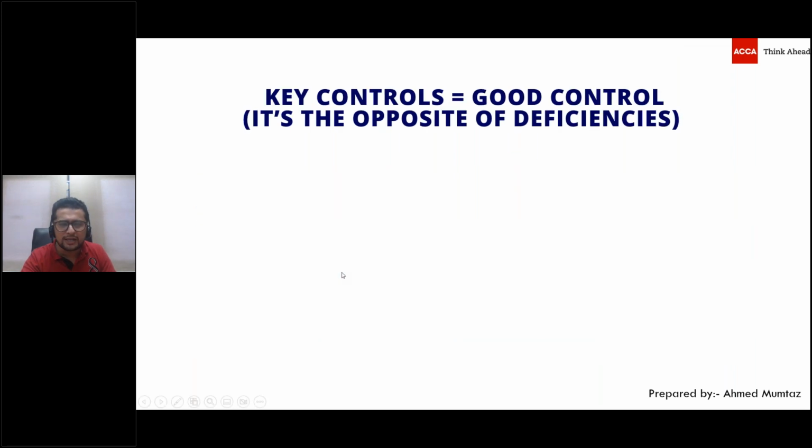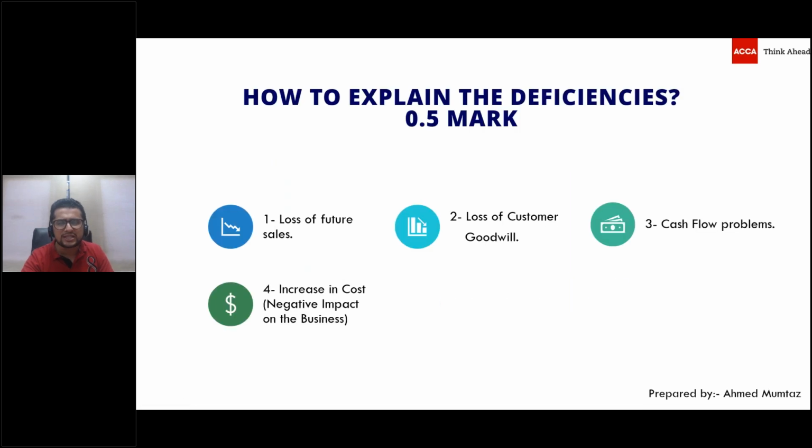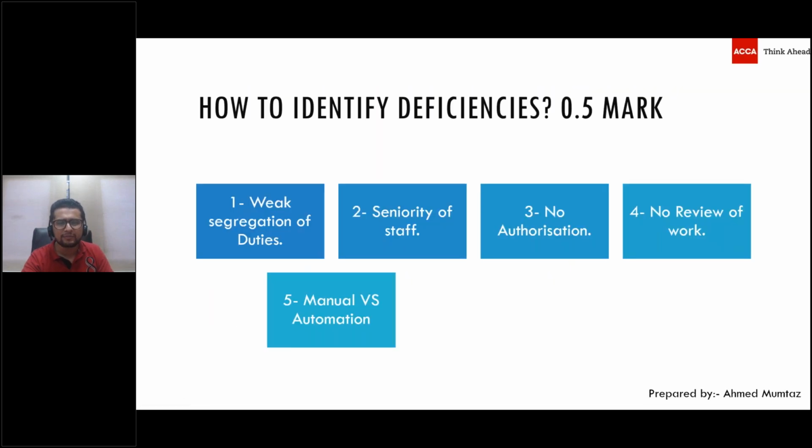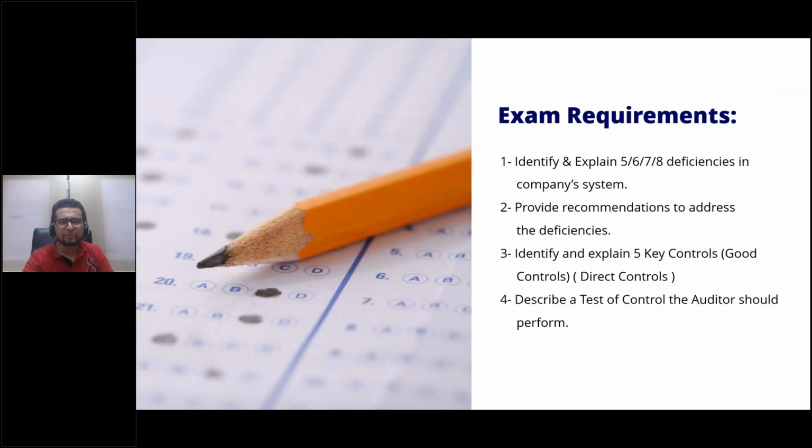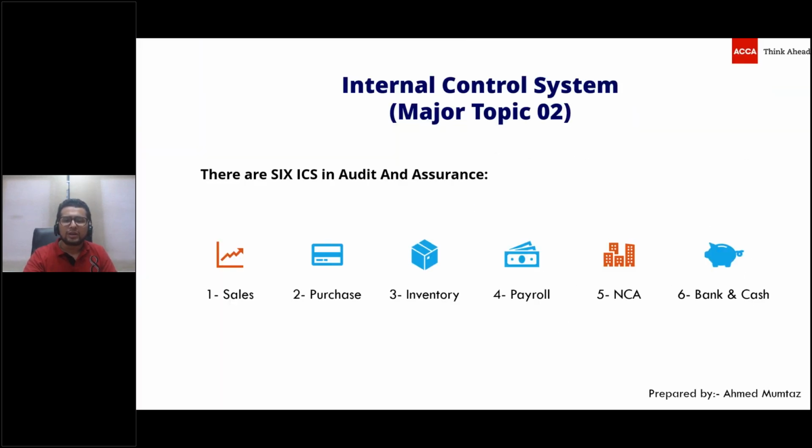And the good news is, how many systems do we have in our syllabus? So we have got 6 systems, right? Out of those 6 systems, approximately 4 systems will be discussed within the next 2 hours.